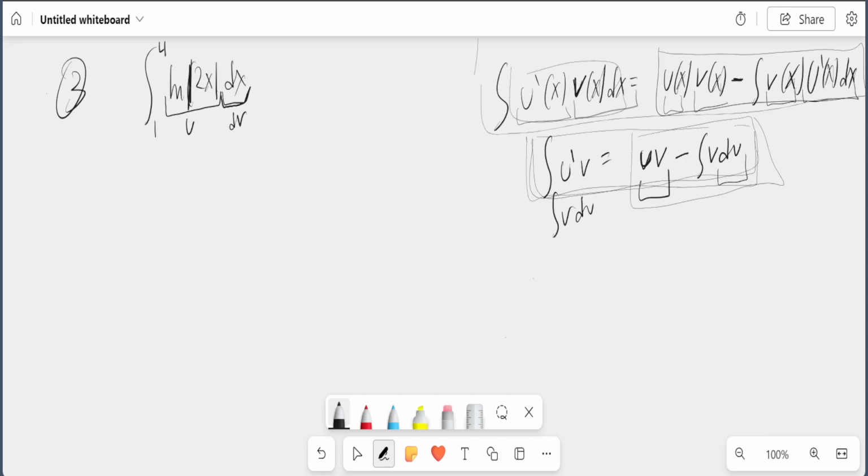Because when we're doing parts, you have to pick a u and you have to pick a dv, right? Okay. And that is a good question. I'm trying to figure out the best explanation. If I pick the whole thing as u, then my dv is going to be 1, right?